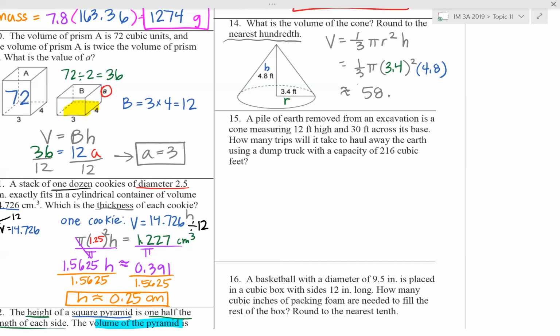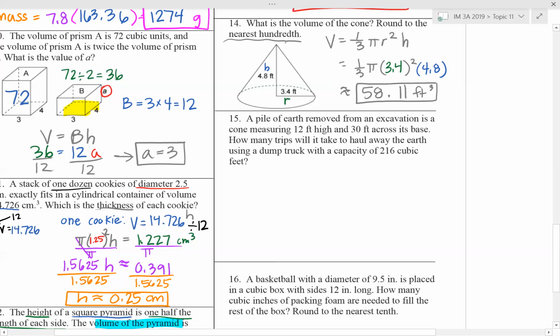So I've got 1/3 times pi times 3.4 squared times 4.8 is 58.11. That 6 is going to round that up to 11, and then it's cubic feet.